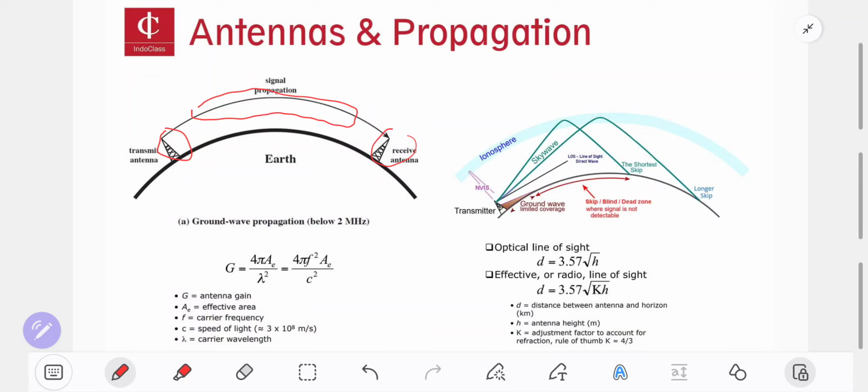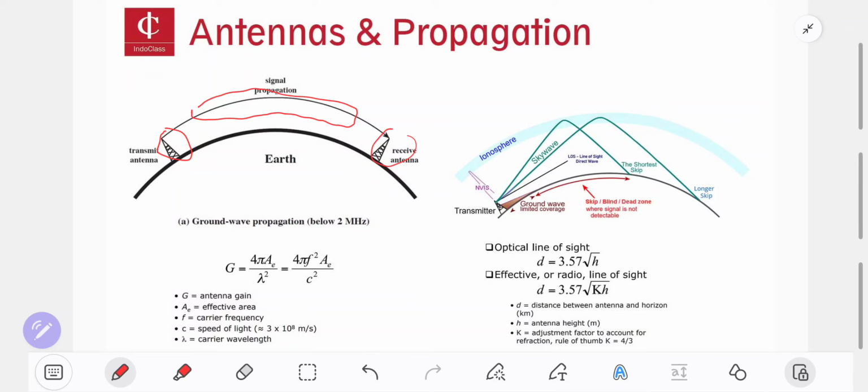Do you know the difference between propagation of electromagnetic wave and propagation of mechanical wave? Propagation of electromagnetic wave is used for communication, radio, television, radar, and satellite.